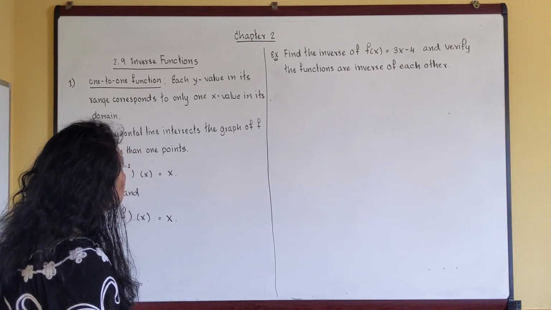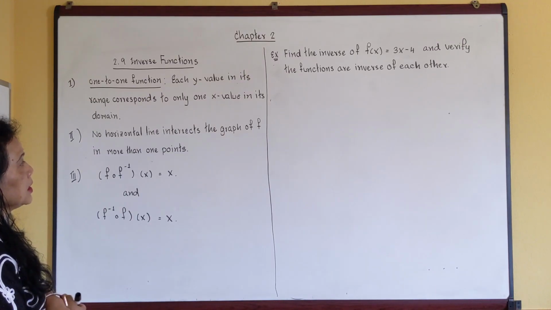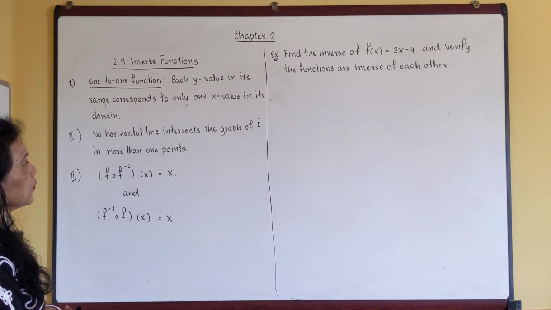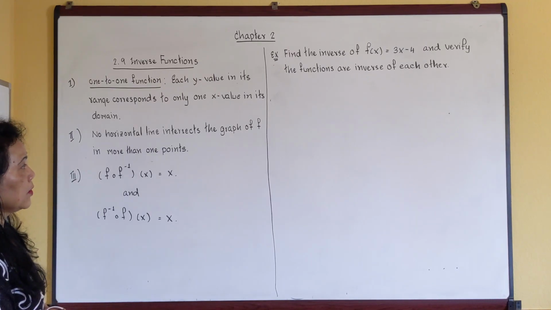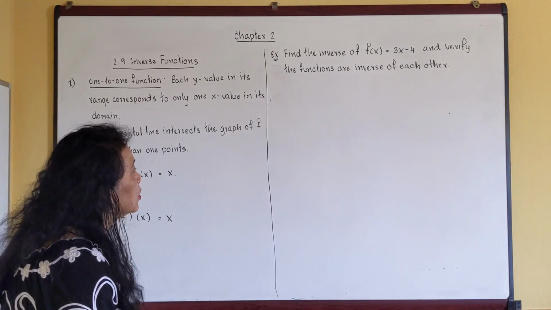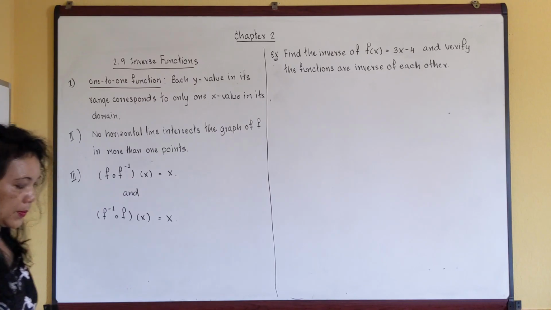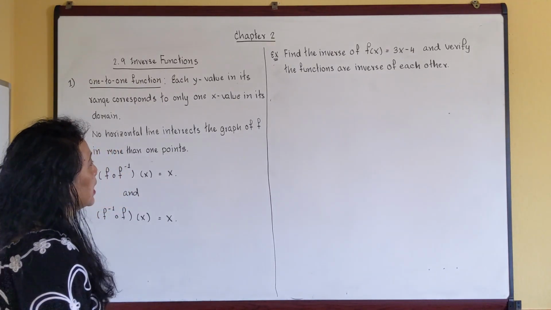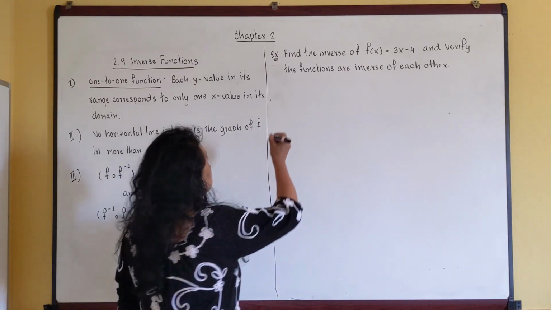Let's look at our example here. I have f of x is equal to 3x minus 4. We want to find the inverse function of this and then verify that they are inverses of each other. To verify that it's the inverse, you have to do the composition. Right? So let's look at my function. I have f of x is equal to 3x minus 4.